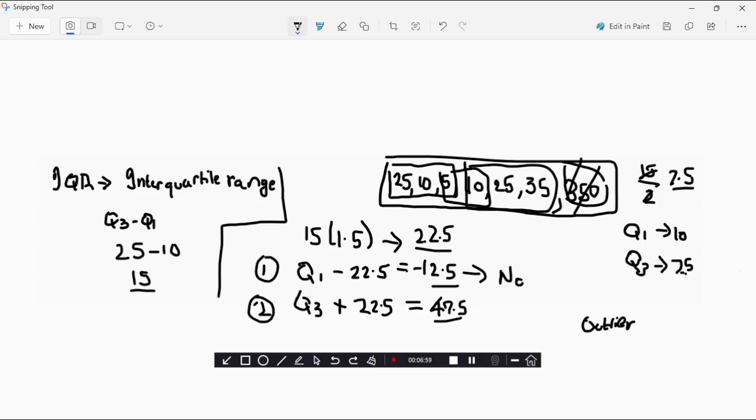So amongst these six values, 25, 10, 5, 10, 25, and 35, if any one of them is more than 47 and a half, it will be an outlier. In this case, we don't have any single value that's more than 47 and a half, so we're going to say this is a no.